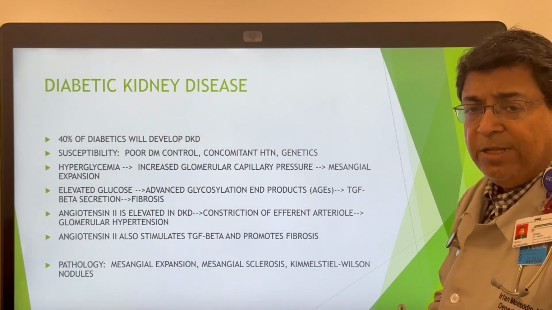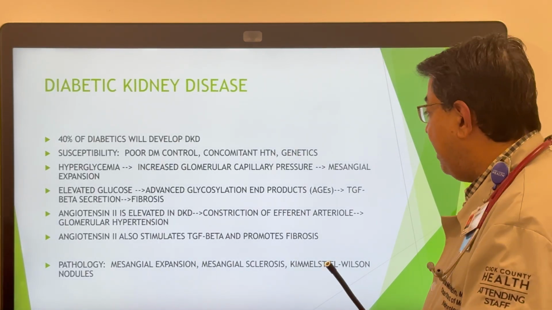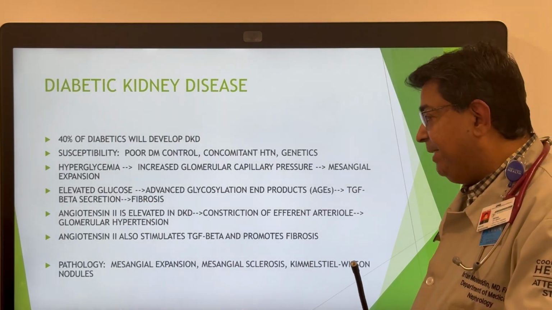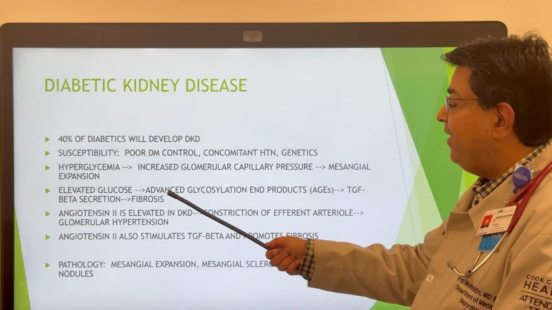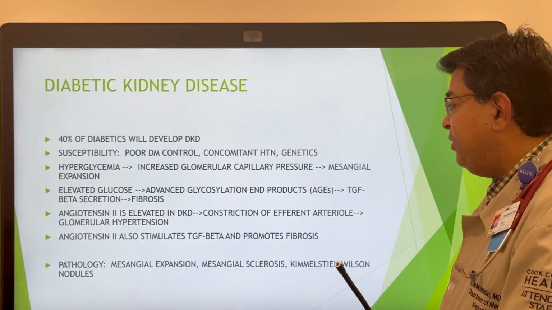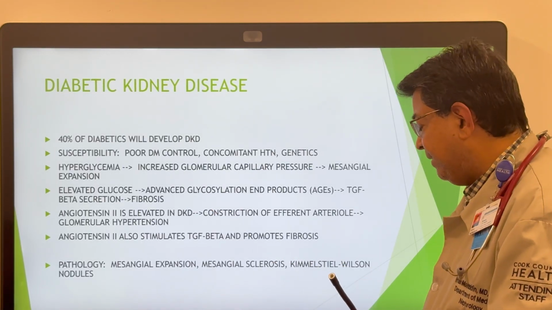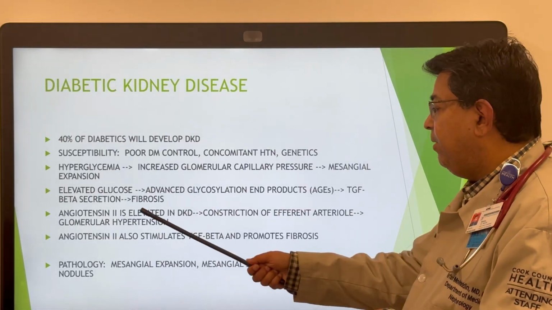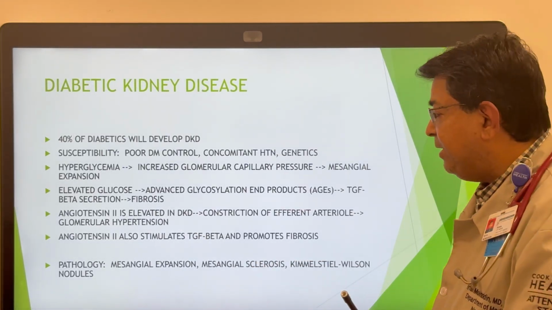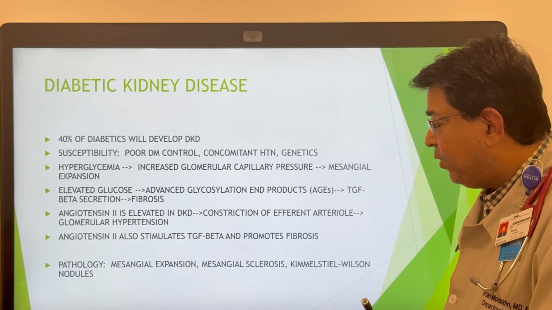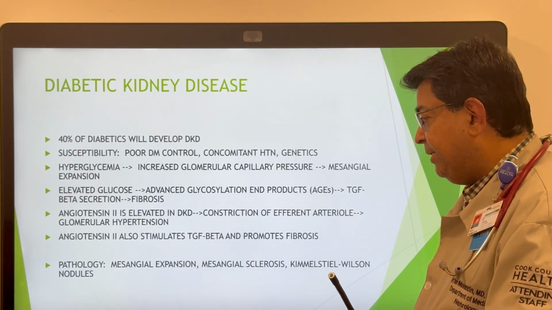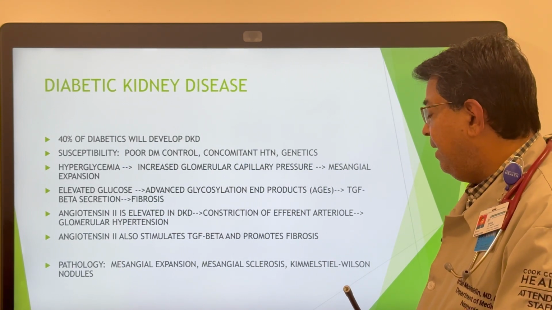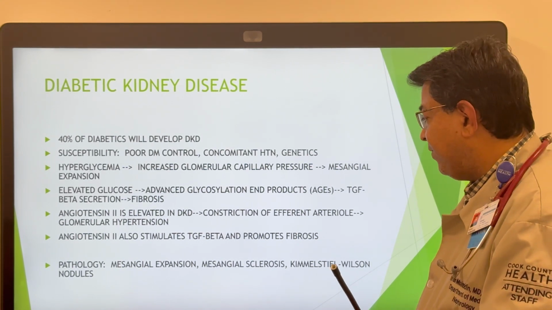And these advanced glycosylation end products are the reason for stimulation of TGF-beta and resultant fibrosis. Angiotensin II is elevated in diabetic kidney disease and is thought to constrict the efferent arteriole, leading to glomerular hypertension. And glomerular hypertension is a problem in many chronic kidney etiologies, including hypertension and other causes of chronic kidney disease.